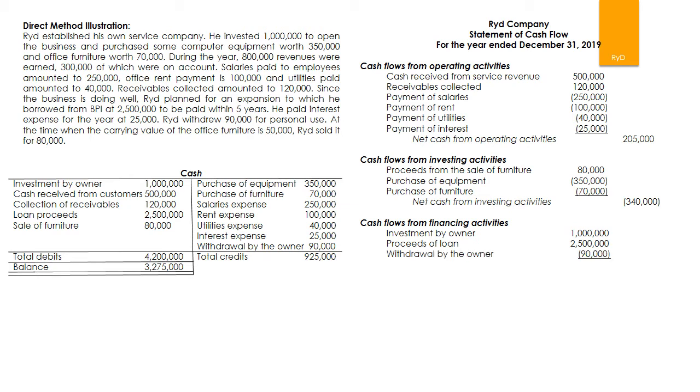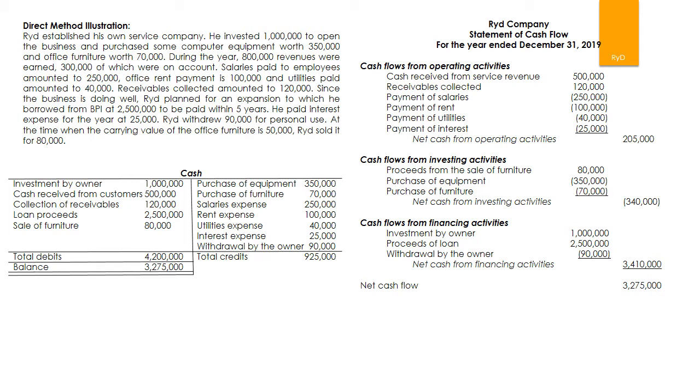Then we have the withdrawal by the owner at 90,000. So our net cash from financing activities is 3,410,000. Then we just sum this up, class, to arrive at our net cash flow.